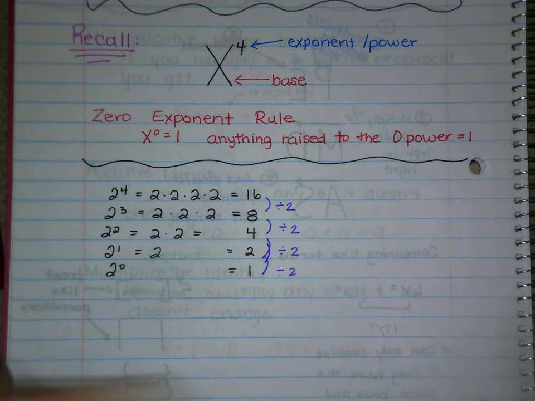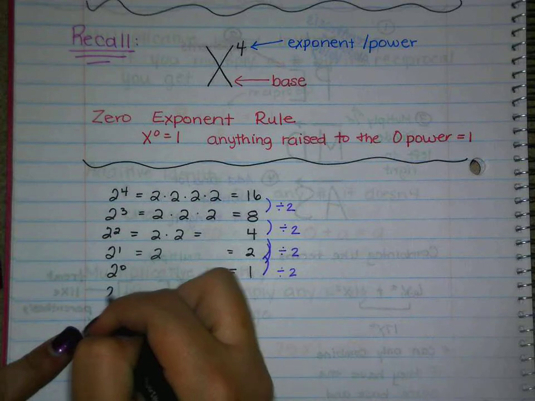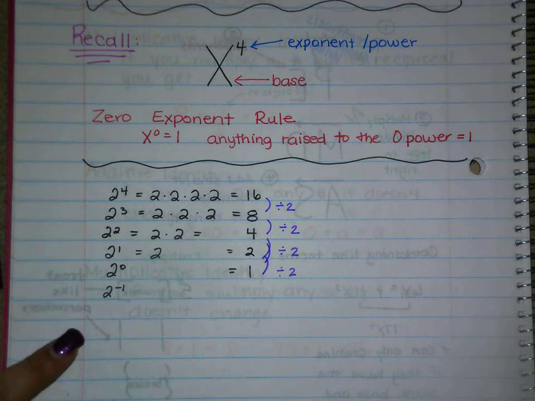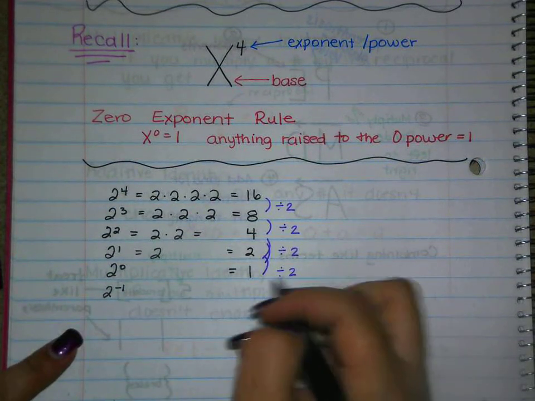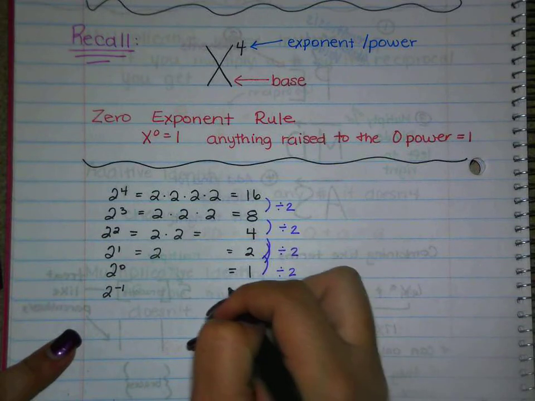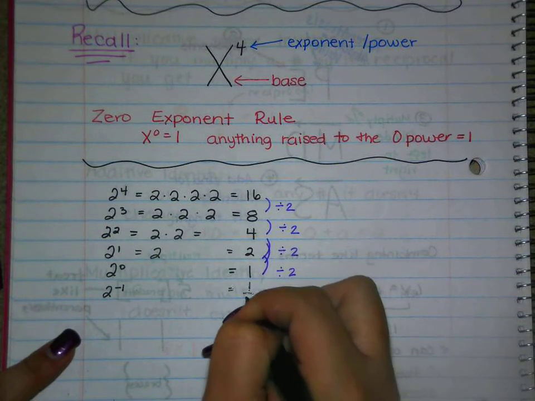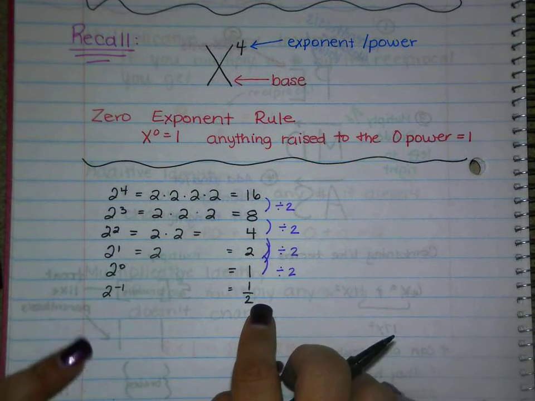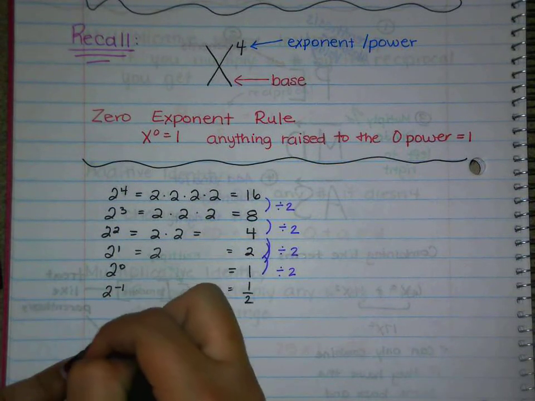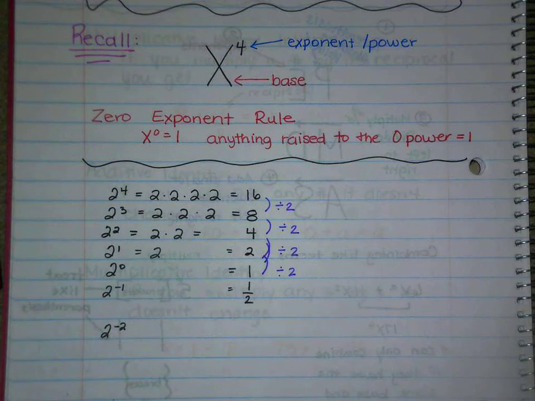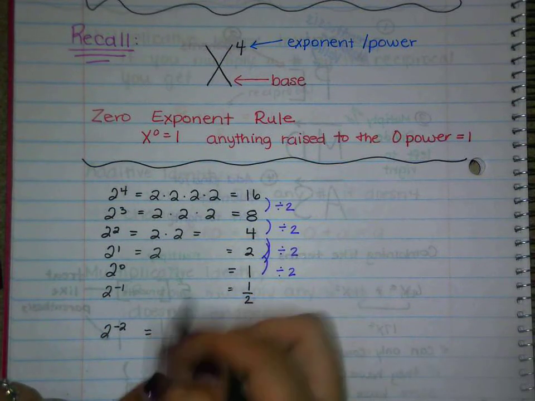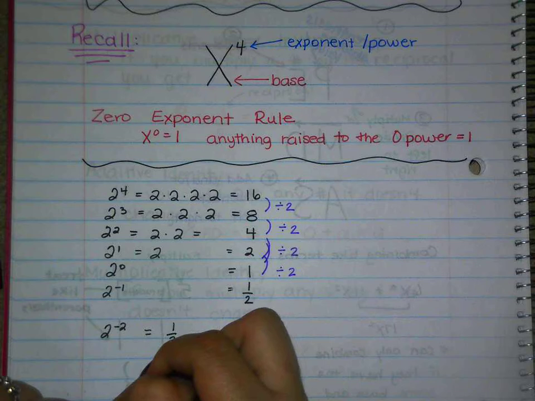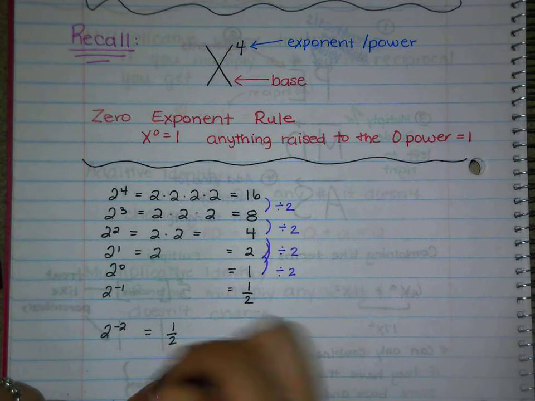Okay, so now if we're going to go down even further into our negative exponents, because we're going to go down 1, that means we're going to need to divide this by 2, so that's going to equal 1 over 2, right? Because as you saw, we kept dividing it by 2. And then the next one, if we say negative 2 divided by 2, well, that becomes 1 over 2 divided by 2.